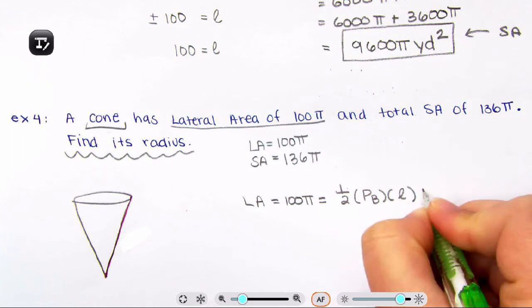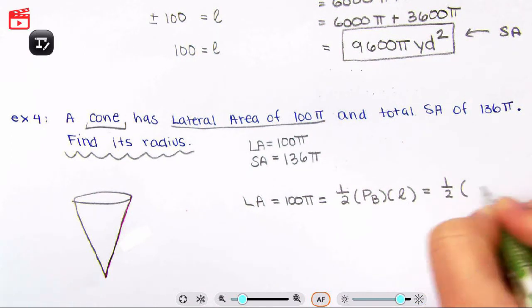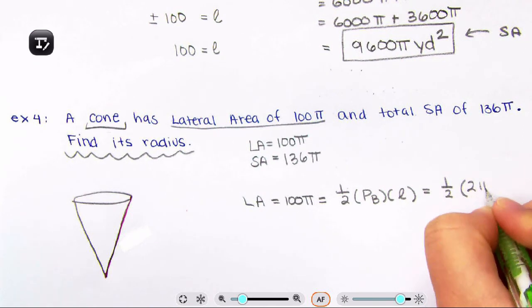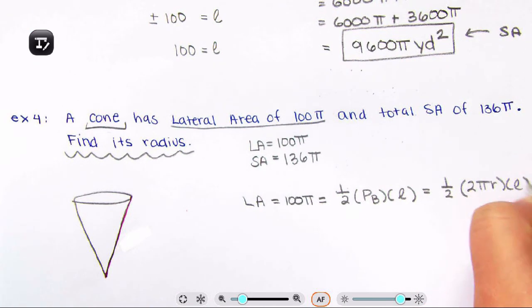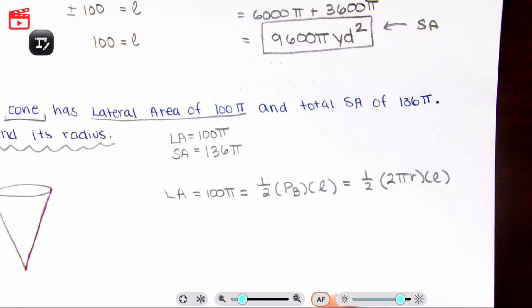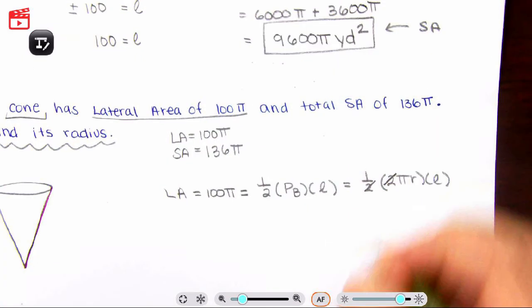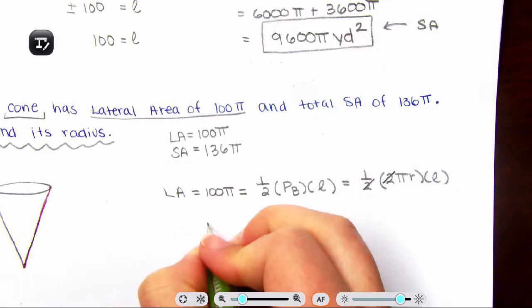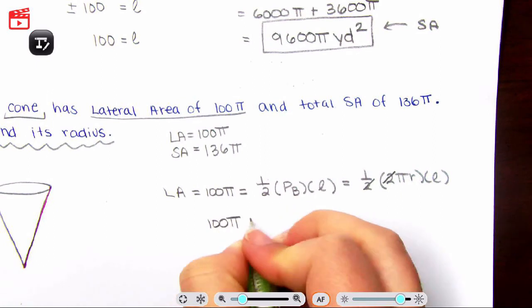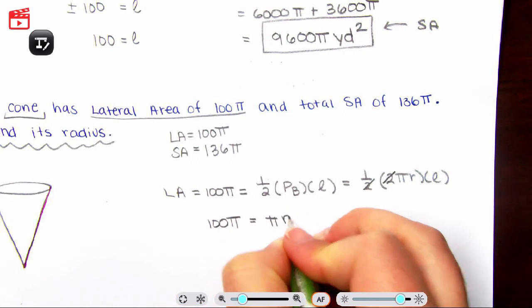And I also know that the perimeter of the base is 2 pi r. We can simplify the 2 and the 2 out. So I know that 100 pi is now equal to 2 pi r times the slant height.